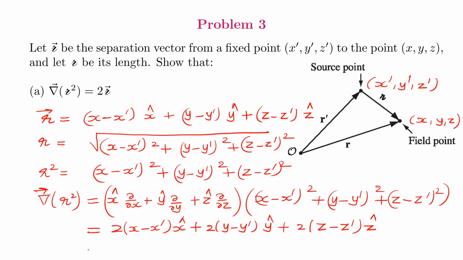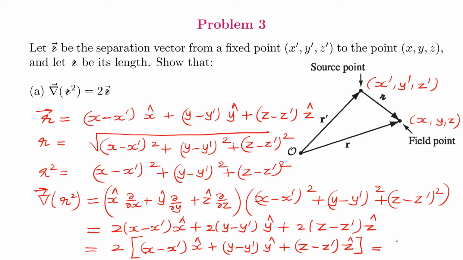This is nothing but 2 times (x minus x') x hat plus (y minus y') y hat plus (z minus z') z hat, which is equal to 2 times vector script r.